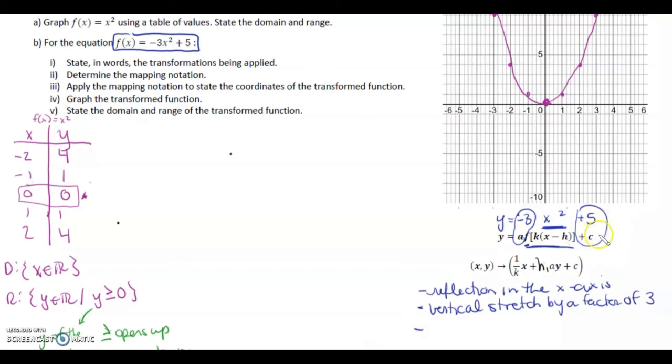And then we have c is 5, and if you look up the c, what's going on with c? It's either going to move up or down. So this is a vertical shift, or translation, whatever you want to call it. Shift up 5 units.